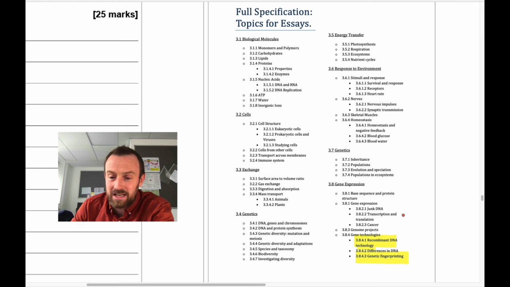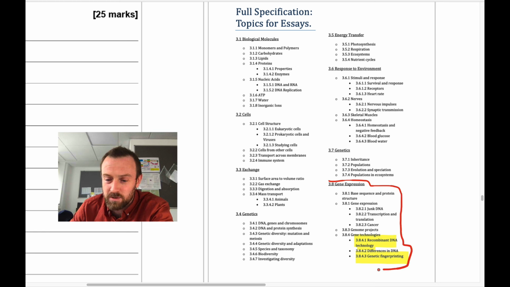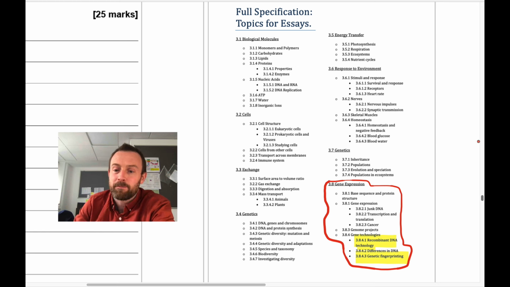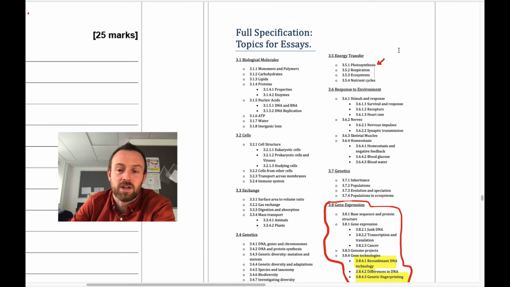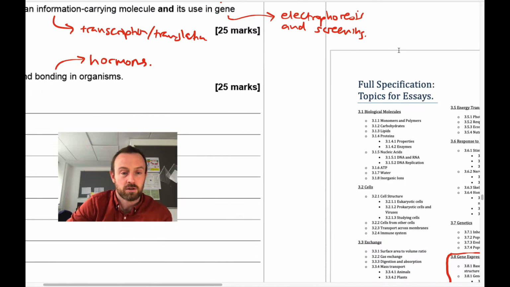Basically, that means, and you can just remember this, that all of 3.8 gene expression, all of those different spec points within that, are different topic areas. An example of something that isn't a different topic area would be if you tried to talk about two different aspects of photosynthesis, the light-dependent reaction and then the light-independent reaction, they would be under that same topic area. So actually that does work in terms of topic selection.